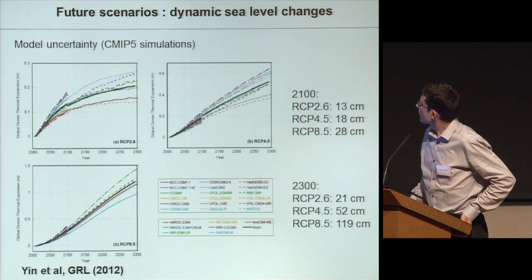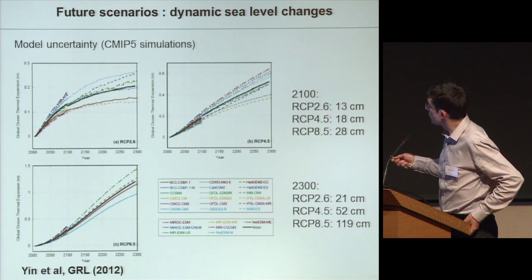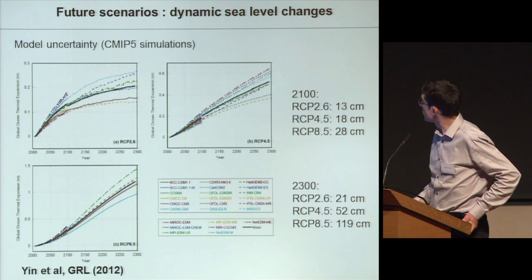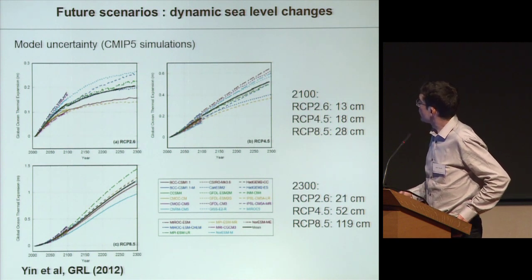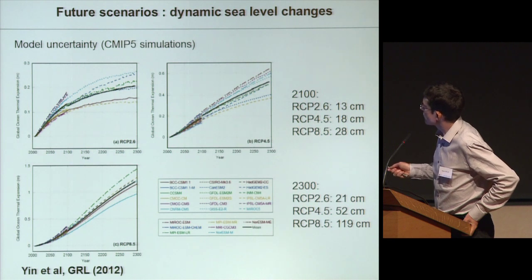And so using several of these scenarios, again the most optimistic, RCP 2.6, 4.5 intermediate, and the most pessimistic one, for an array of different models, we get these estimates from that study from Yin et al.